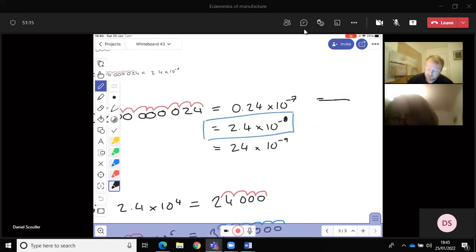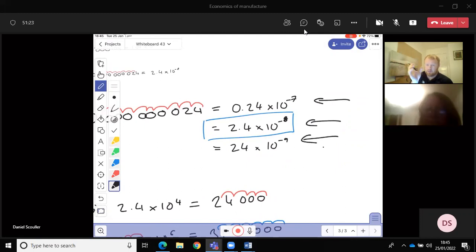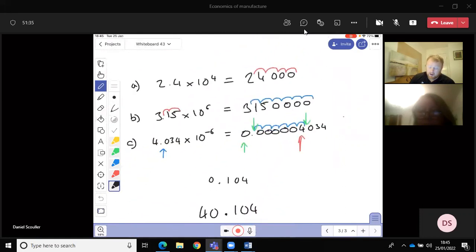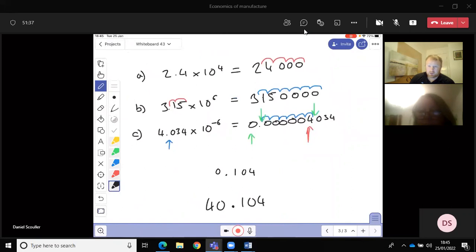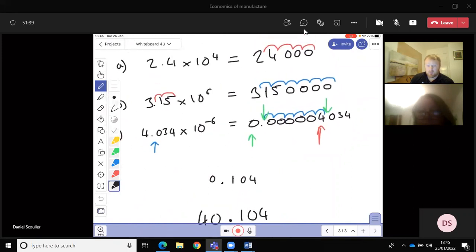We could do this sort of process again, where you can move the decimals as many places as you want. What we're trying to be consistent with is that the number in front of the decimal is between 1 and 9. Why that's not the case in very small numbers: very small numbers have to be less than 1.